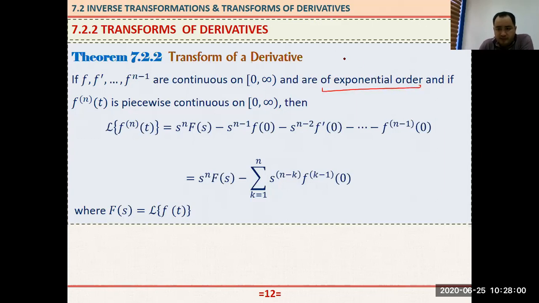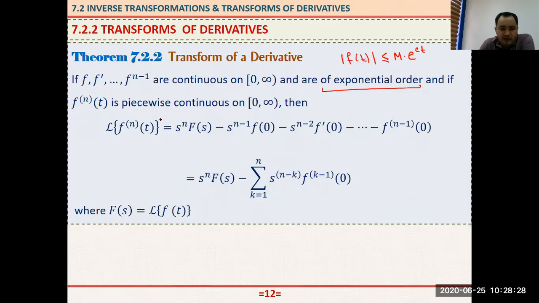That means that we have positive c and m, and some t where this inequality holds, m times e to the power ct. After that point, f grows slower than this function, and then we say that it's of exponential order.